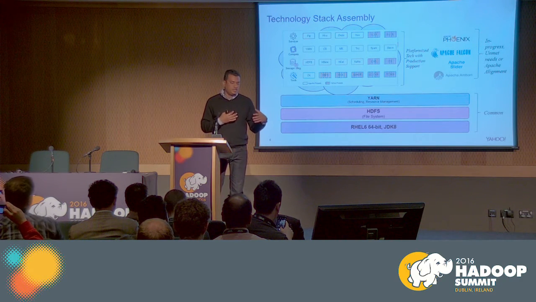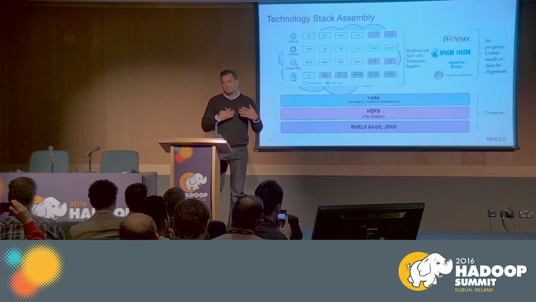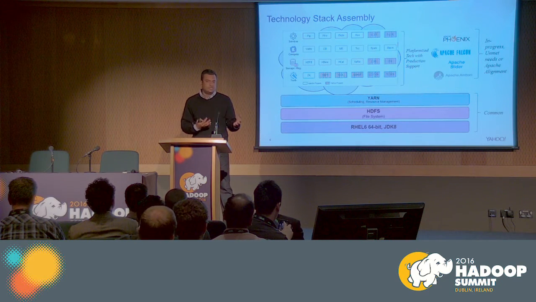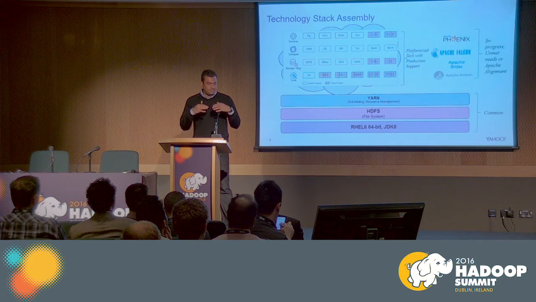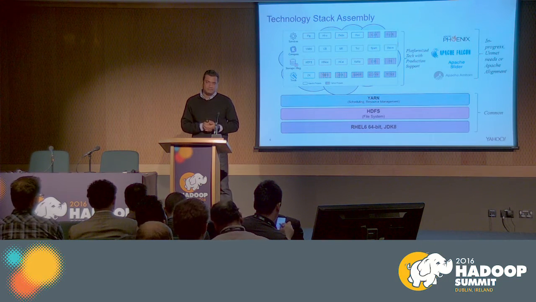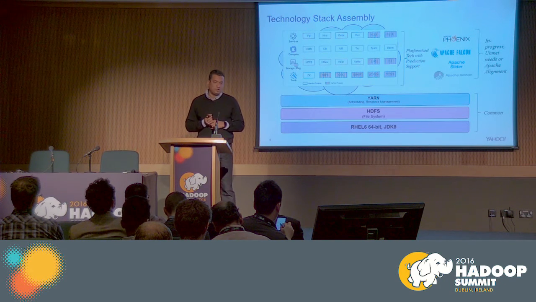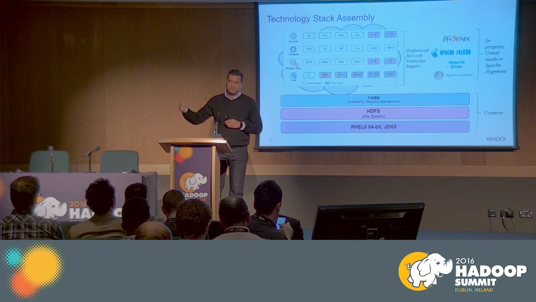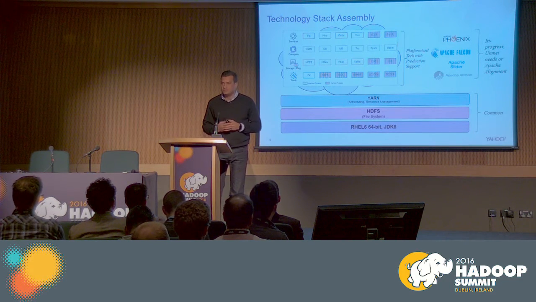So as you can see, we're standardized on YARN, we're standardized on HDFS, we're standardized on a set of JDK as well as the operating system, and a set of standardized Apache components that we have picked and deployed for use, but a lot of things always stay in flight. And as need arises, we push that into production at scale.